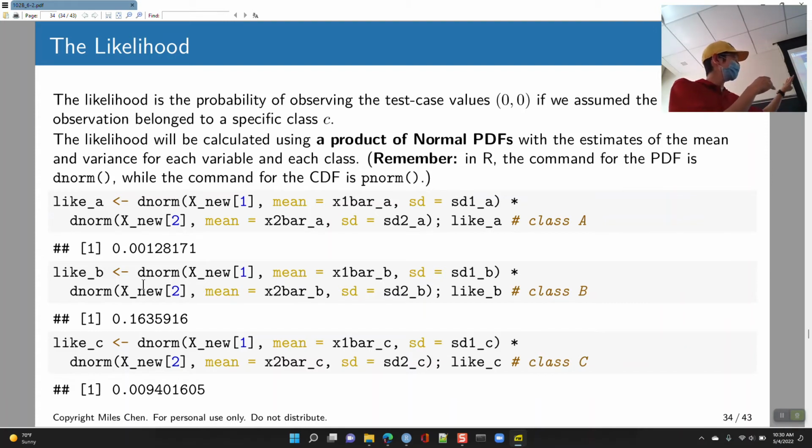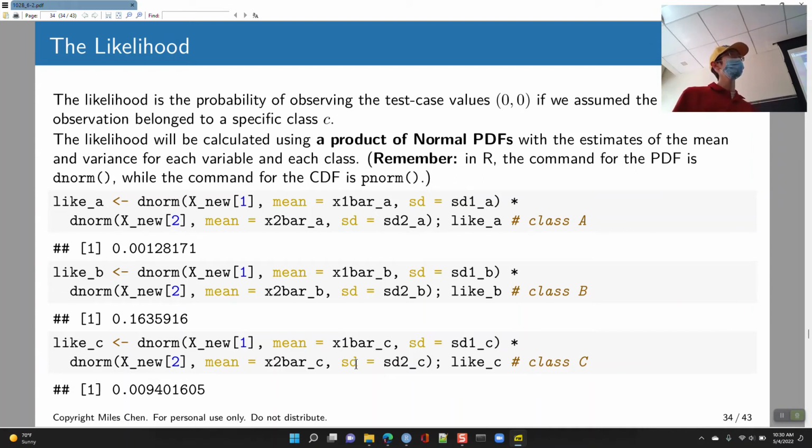And so each likelihood, for the naive Bayes classifier, is going to be the product of 4 normal densities. So you'll do dnorm petal length, dnorm petal width, dnorm sepal length, dnorm sepal width. And you have to calculate the mean and standard deviation of each of these 4 variables for all 3 classes. So you're going to have a whole bunch, 12.